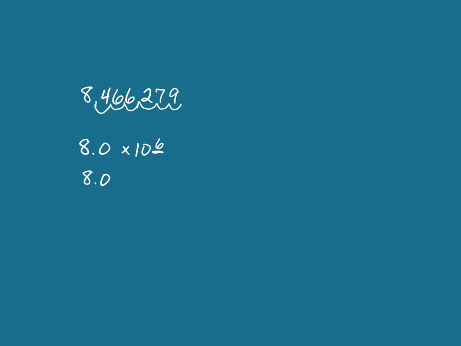A positive power of 10 means the decimal point moves to the right. So we're going to move it to the right 1, 2, 3, 4, 5, 6 places. Put in your zeros as needed. Take out that decimal point that we had there and make sure it matches up in terms of place value, 1, 2, 3, comma, 1, 2, 3, comma.